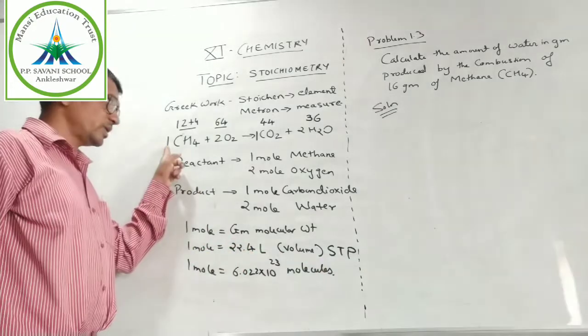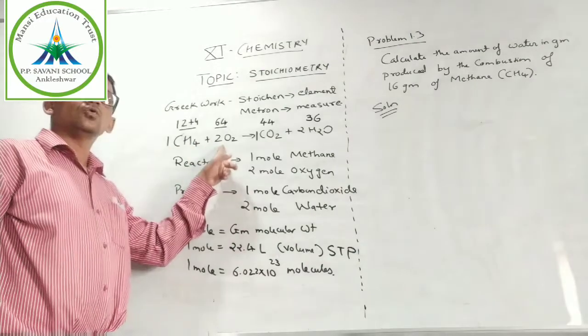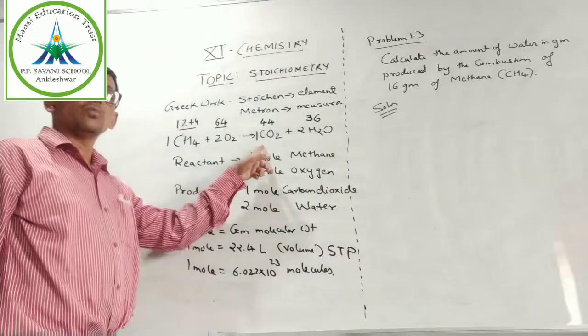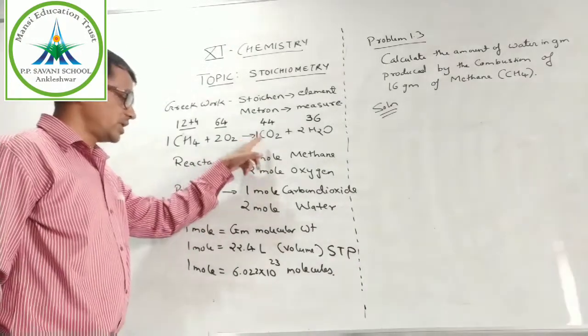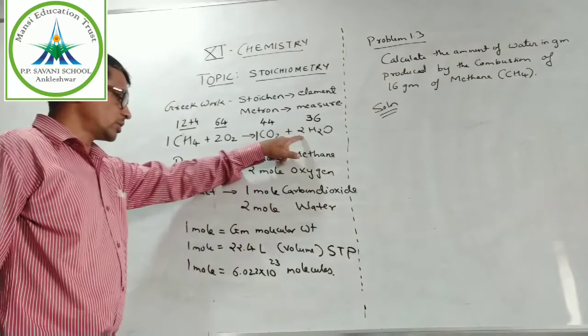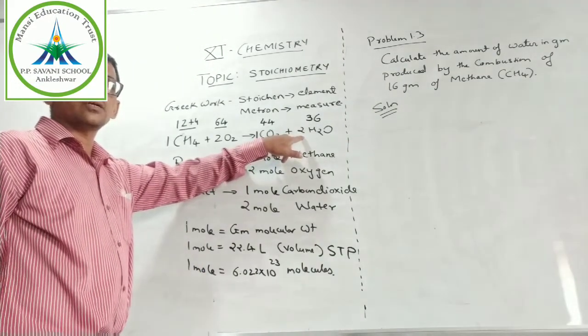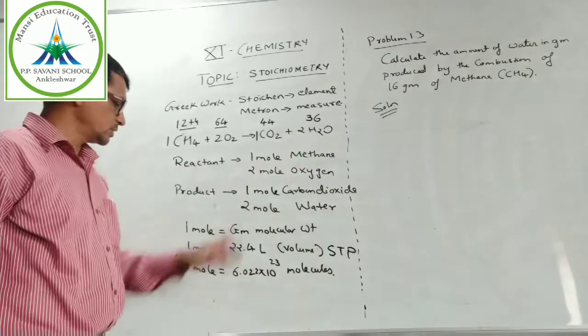Here 1 mole is 22.4 liter, and 2 moles is 2 into 22.4 liter. It will produce 1 mole, meaning 22.4 liter of carbon dioxide, and 2 moles of water, so 44.8 liter of water.